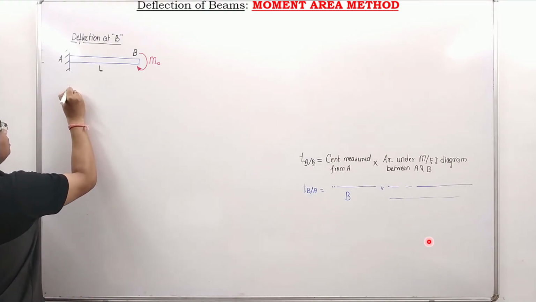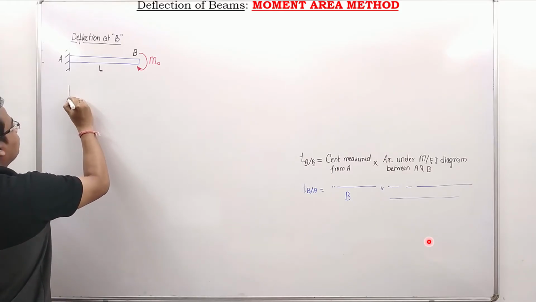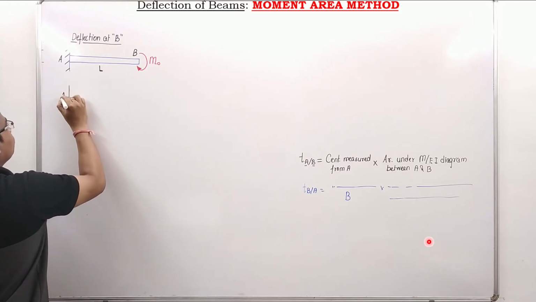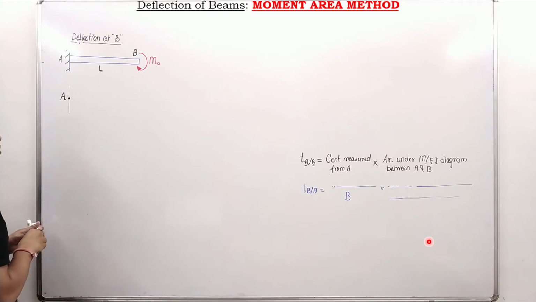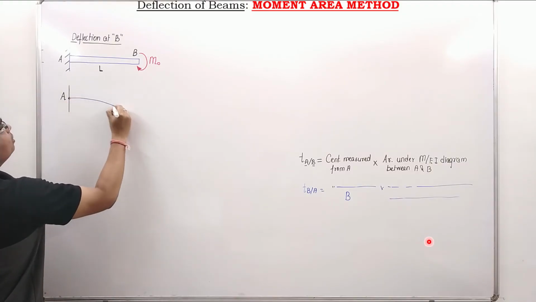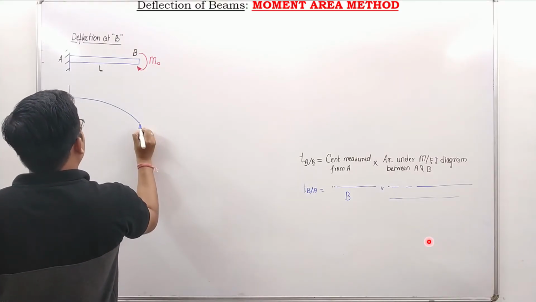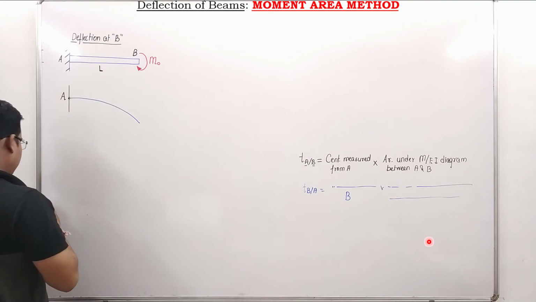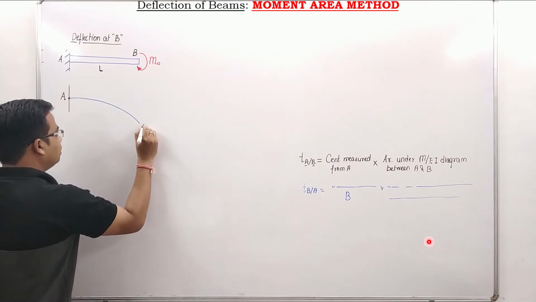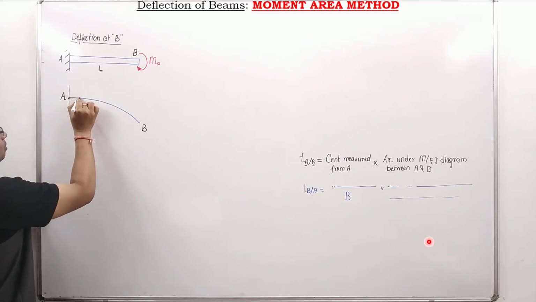So if we can just extend this, and this is point A, and if it is supposed to bend, it would bend in this fashion. And this, by the way, is going to be your customary point B, and that's point A. And if I were to draw the tangent at A, it would be something like this.